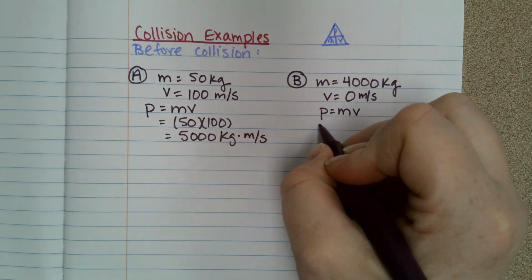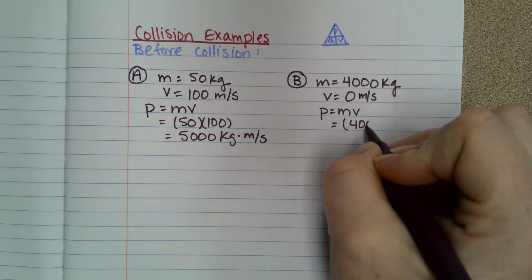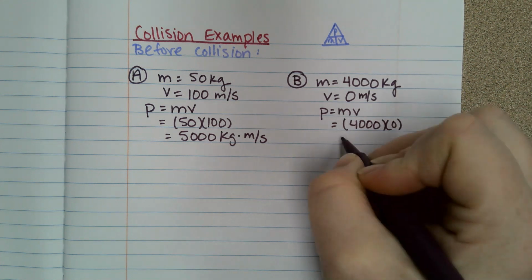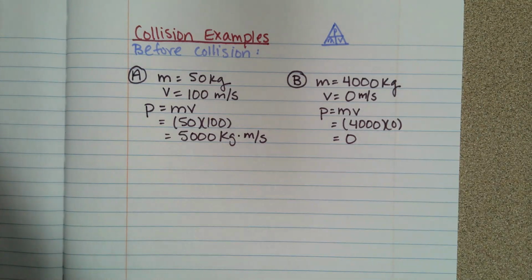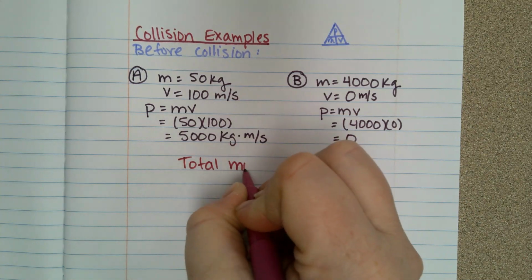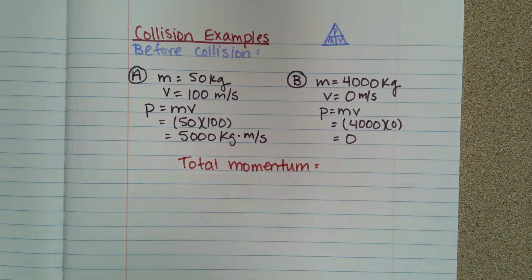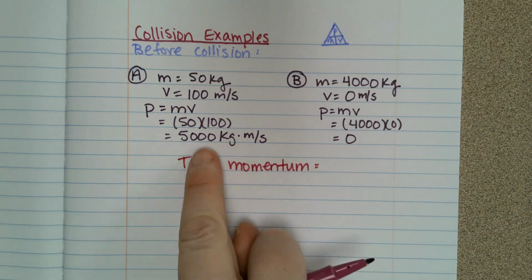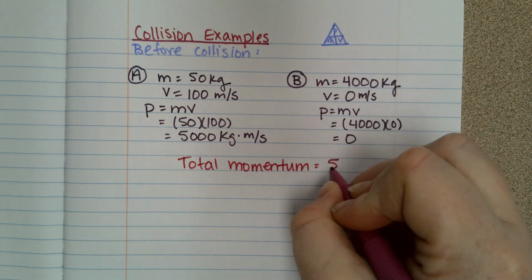For cart B, we have 4,000 times 0, so we have 0 momentum with our second cart. When we add these up and look at our total momentum before, because remember with the law of conservation of momentum, our momentum before and after has to equal each other, all we're going to do is add these two momentums. We have 5,000 plus 0, so that's just 5,000.